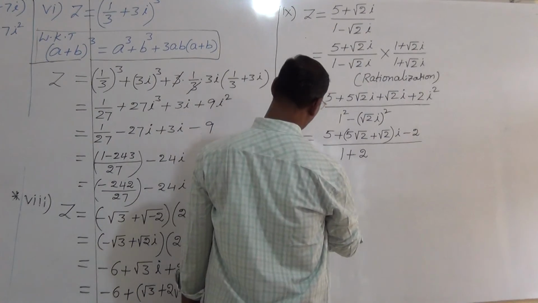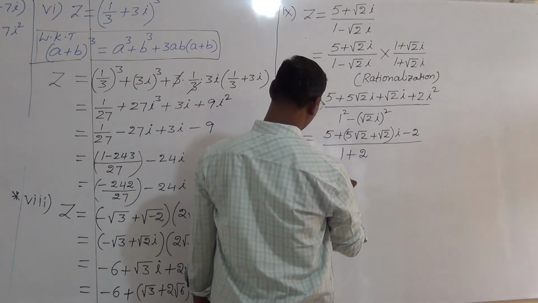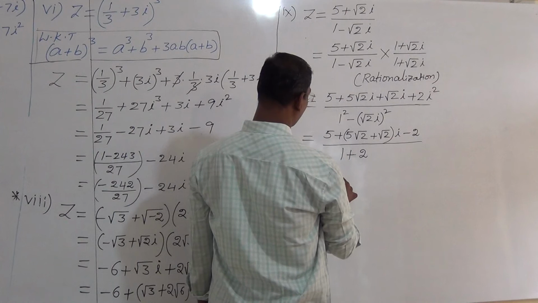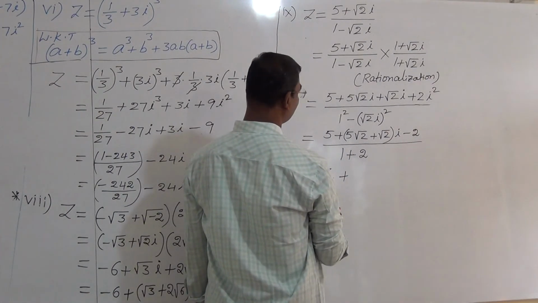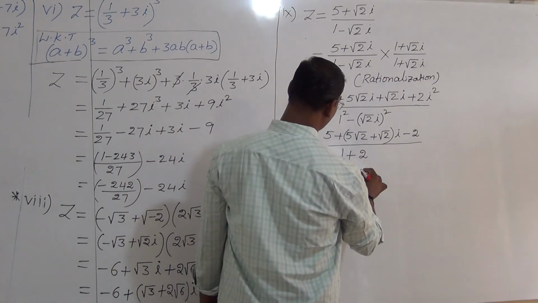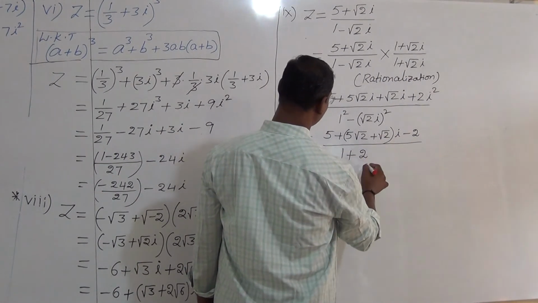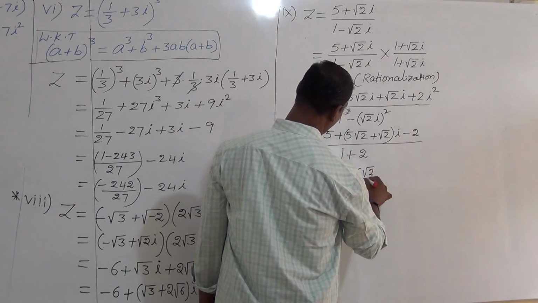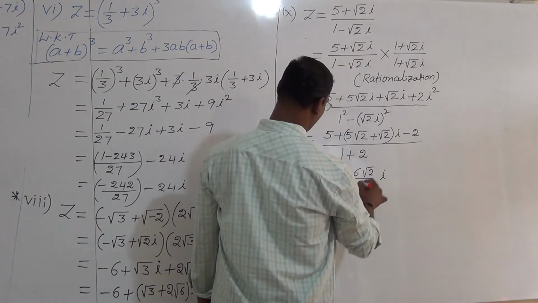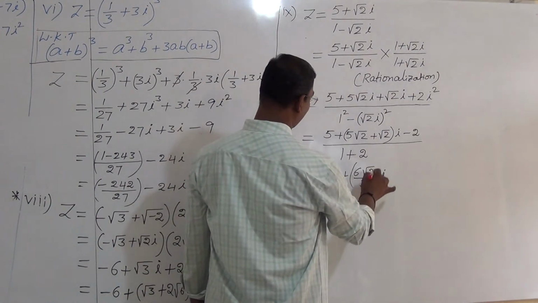Now this is equal to 5 minus 2, real part 3 divided by 3, plus 5 root 2 plus root 2. It becomes 6 root 2 divided by 3 into iota. Now simplify this value.